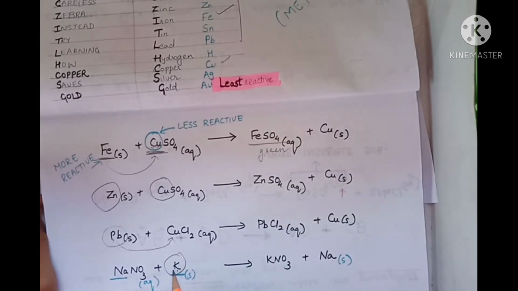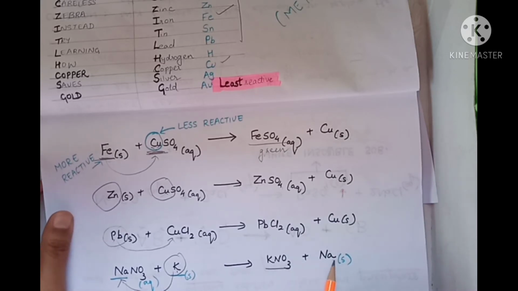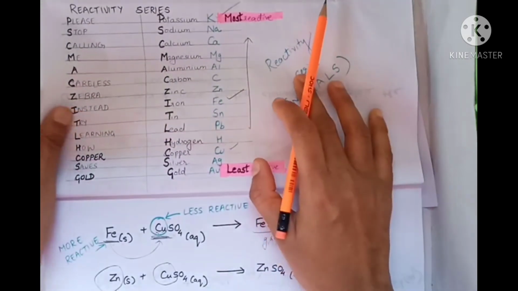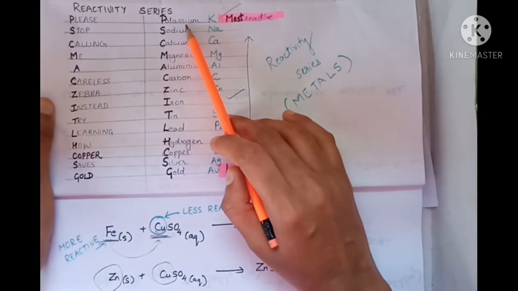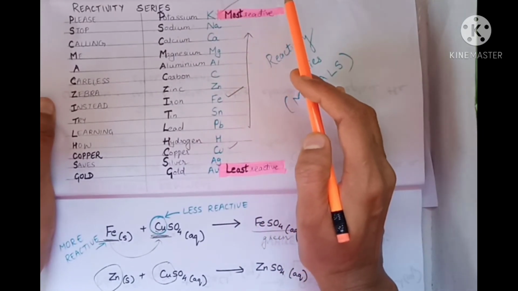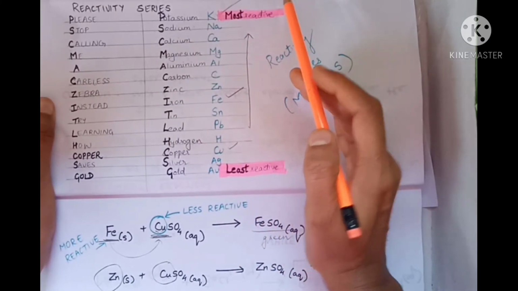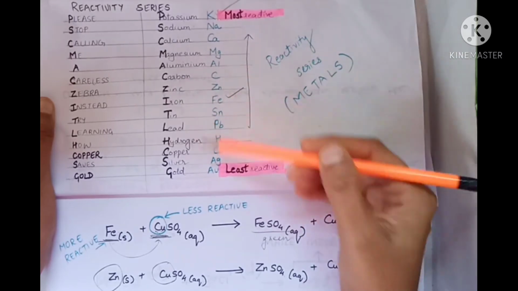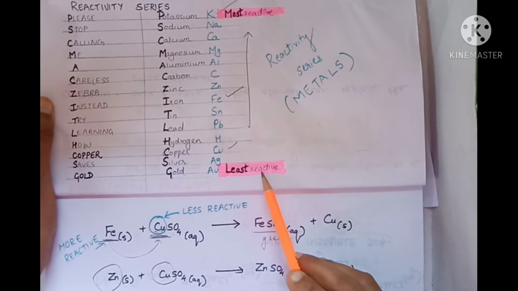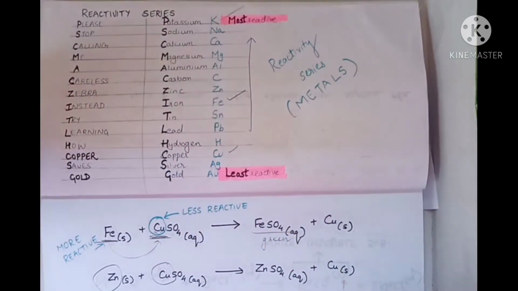Potassium displaces sodium and forms KNO3 and sodium. Okay, so this reactivity series is based on the reaction of these elements with air as well as other elements, and then towards the least reactive we have all these elements.